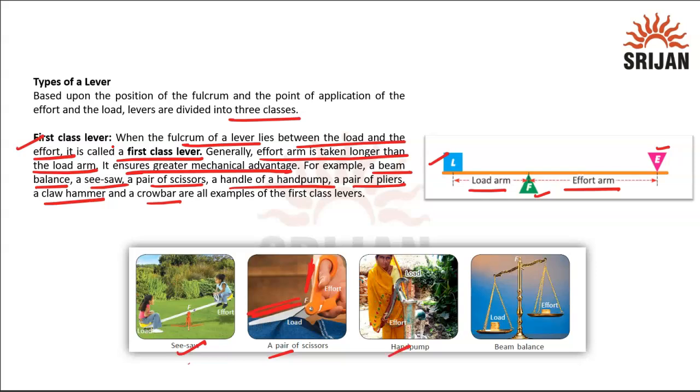The handle that you are pushing and pulling is always longer compared to the pump itself. Same with the beam balance. So you see the position of the fulcrum, the load and the effort, and you can say that this is a first class lever.